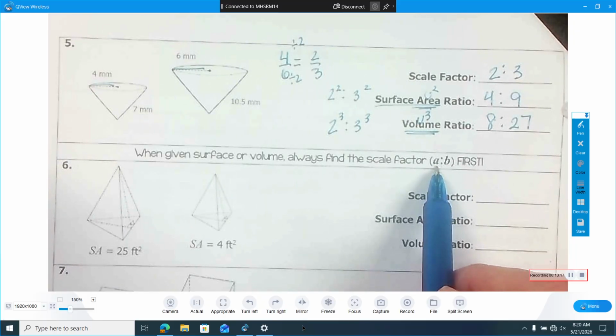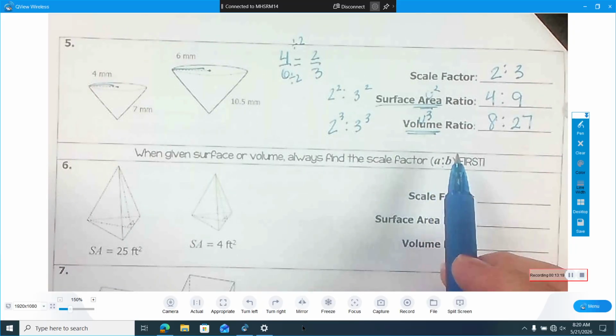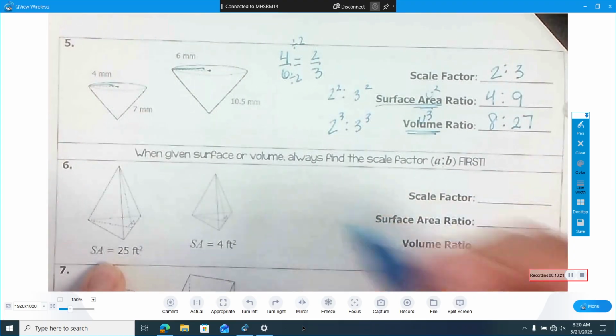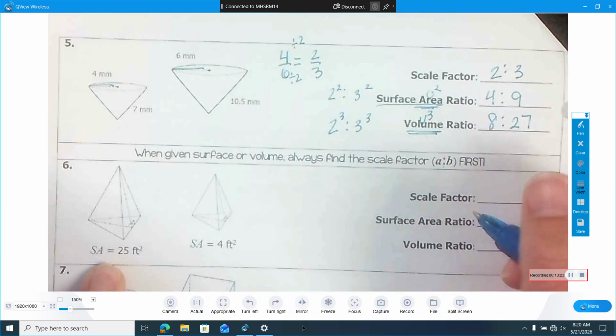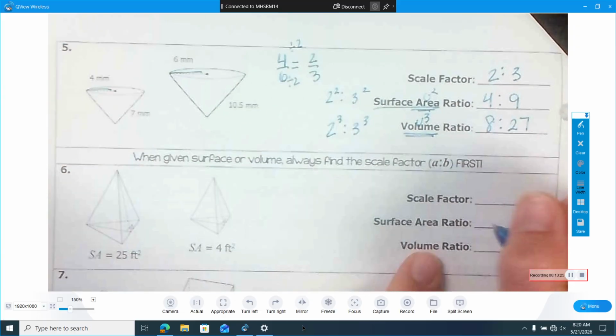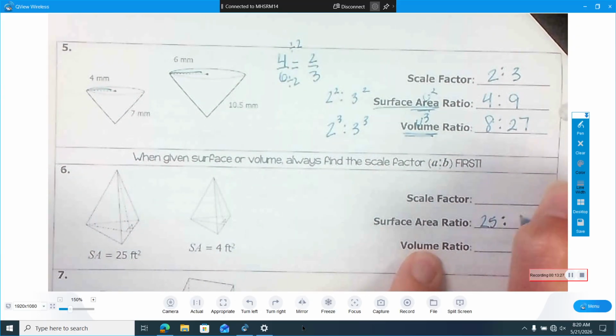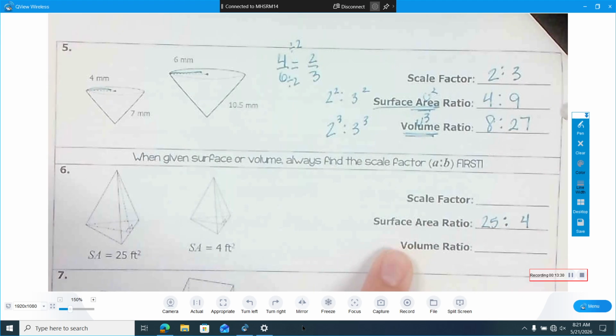So we need to figure out what the A and B are. So my surface area ratio is 25 to 4. That doesn't reduce. So the surface area ratio is 25 to 4.